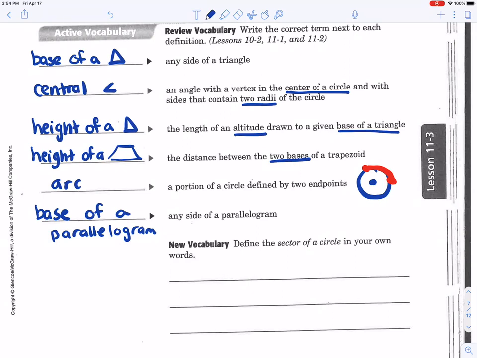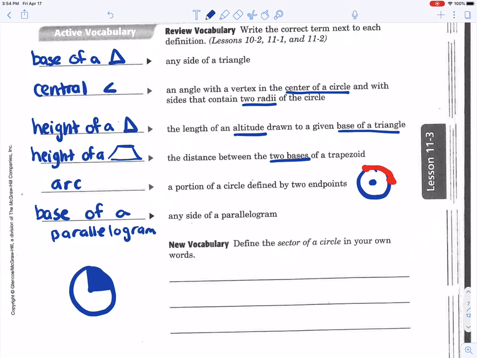So the only new vocabulary word we have in this section is called the sector of a circle. It says define the sector of a circle in your own words. Well, if I were to shade a sector of a circle, it's this right here.